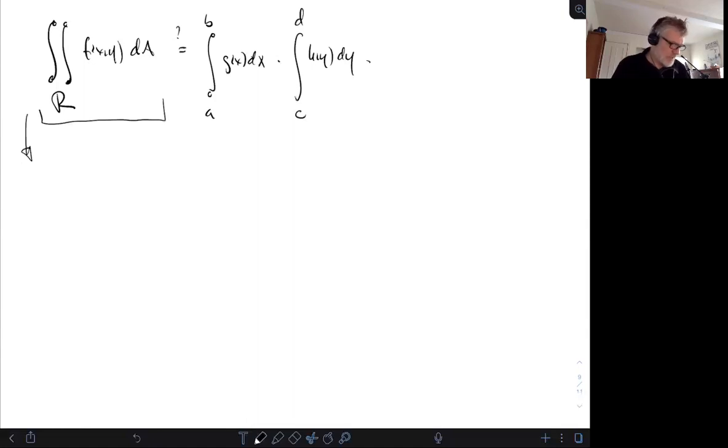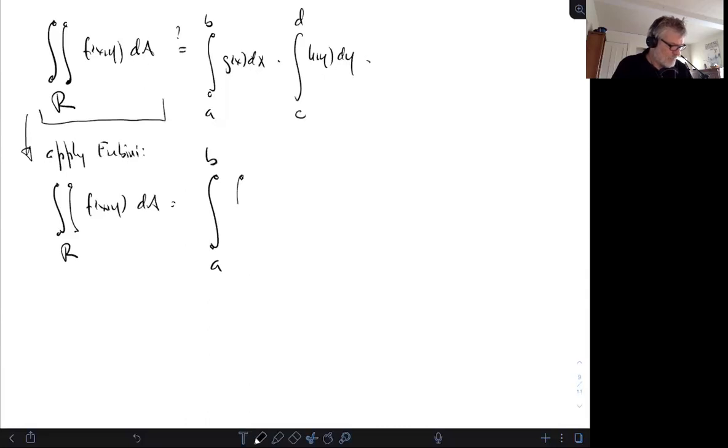The function f is nice enough. Okay, so apply Fubini. So what does it say? It says this double integral of f is equal to double integral from a to b, double integral. You know what? Wait. I want to do it the other way. I'm going to write it this way.